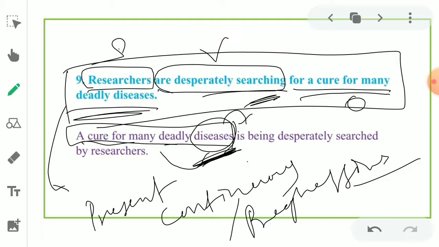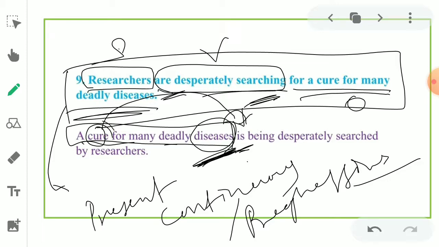Which word is stressed more? The more stressed word is cure, and it is singular. So cure is stressed, with is. Got it? Because of the tense, present continuous, you have to take is, are or am.